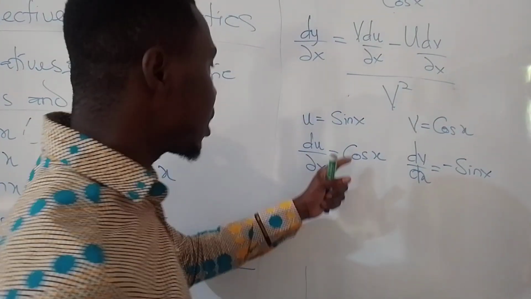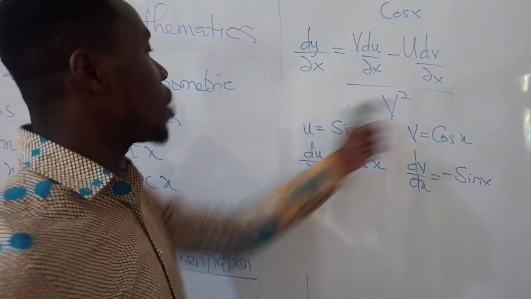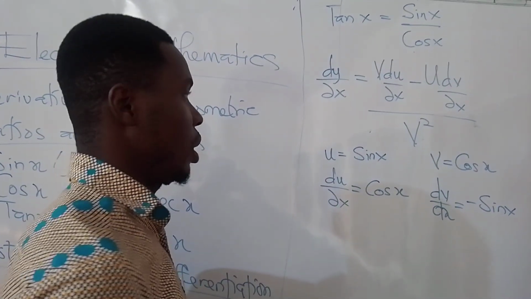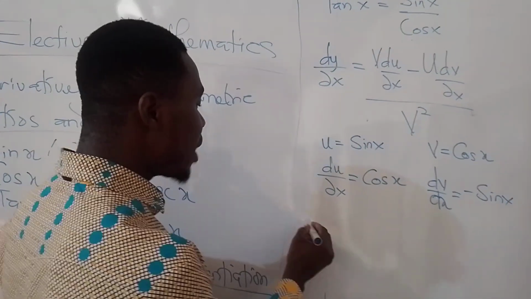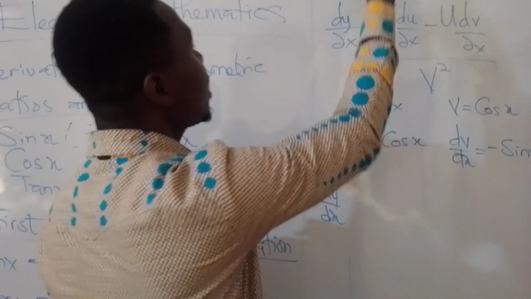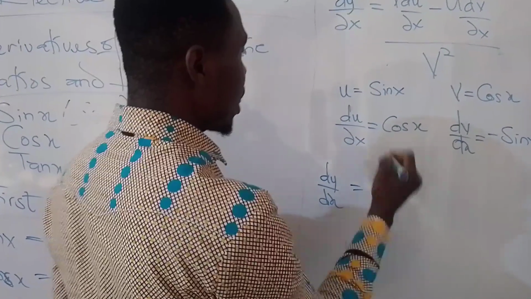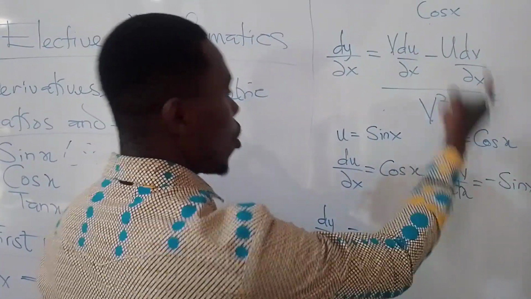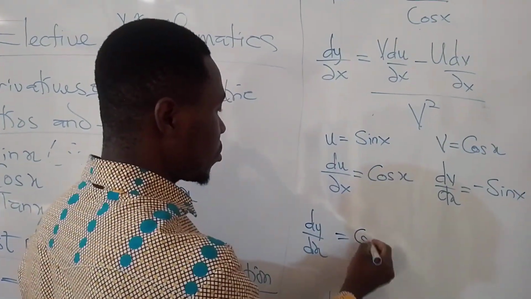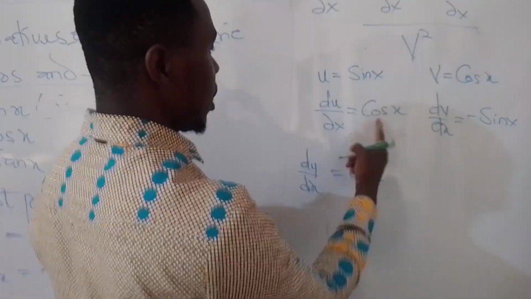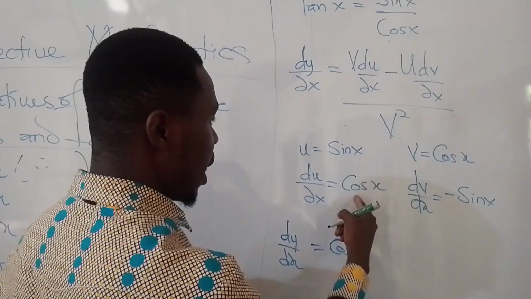Now let's substitute what we have into the general formula, the quotient rule. The derivative of tan x: we have v, which is cos x, multiplied by du over dx, which is also cos x.